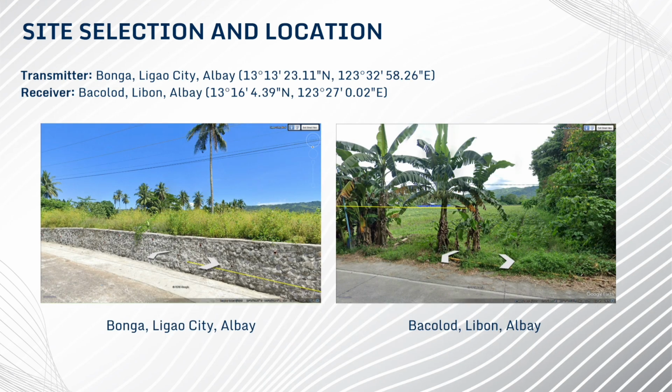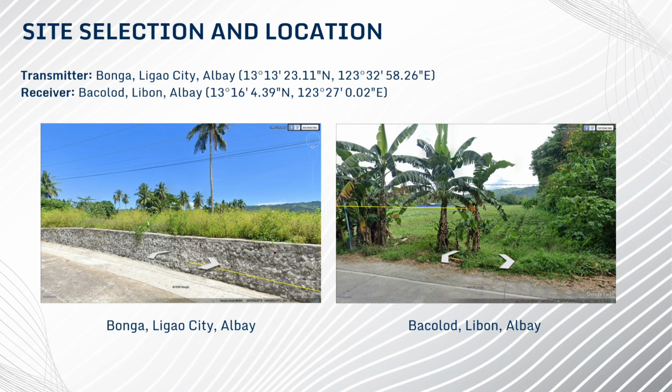Still, the site selection and location, and here is the picture of the two site locations of the tower. With the use of Google Earth and Google Map, we can visit the site through Street View.